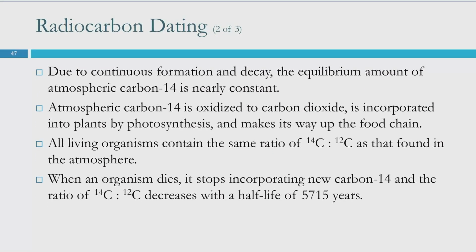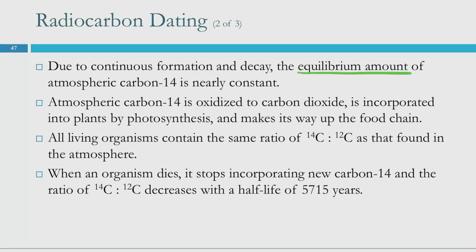And since it's constantly being formed and decayed, there's an equilibrium that gets established over thousands and millions of years. So the atmospheric amount of carbon-14 is constant-ish. There's a little bit of up and down, but it's in the same ballpark throughout the history of the world.